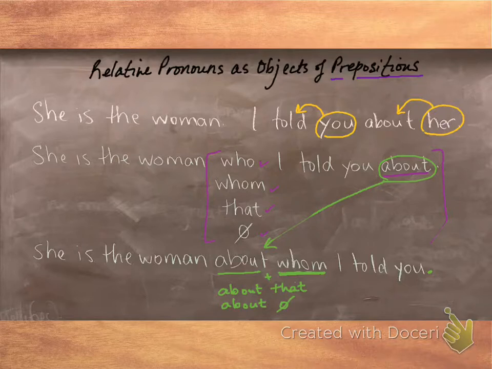So when we're talking about people, whom is our only choice if this is the construction you're going to use. If you're going to leave the preposition at the end of the sentence, then this is your choice. She is the woman who I told you about, whom I told you about, that I told you about, or she is the woman I told you about.